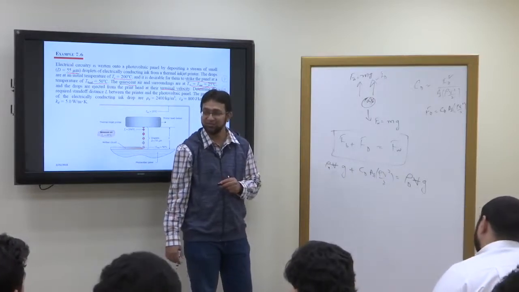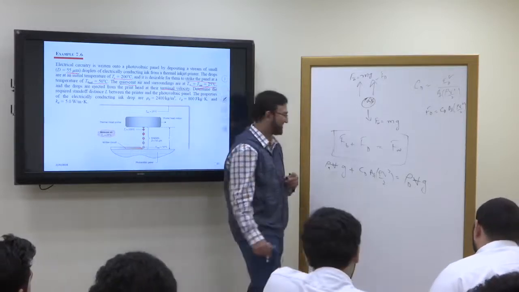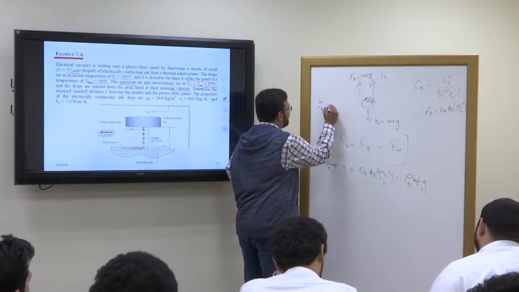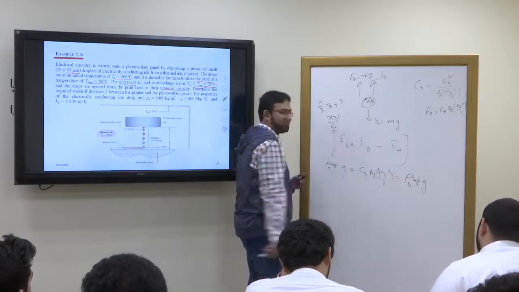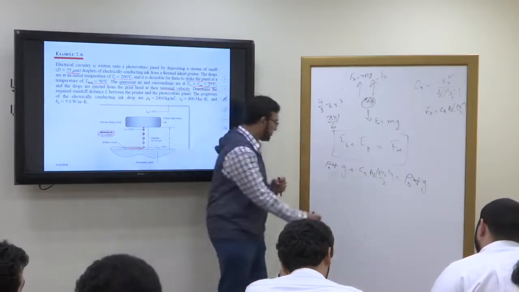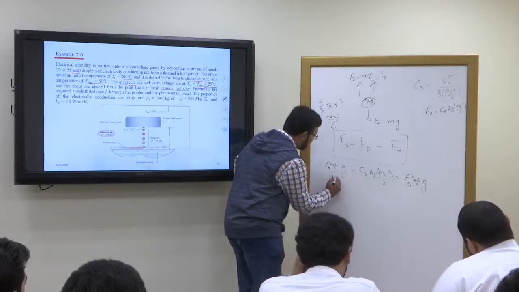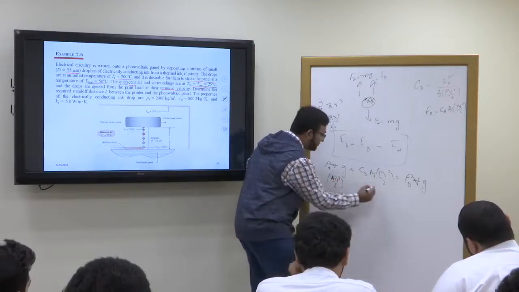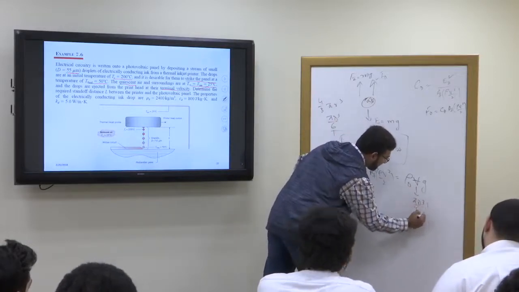Volume of the sphere, 4 over 3 pi r cube, or pi d cube upon 6. Okay? So I can put here pi d cube upon 6.